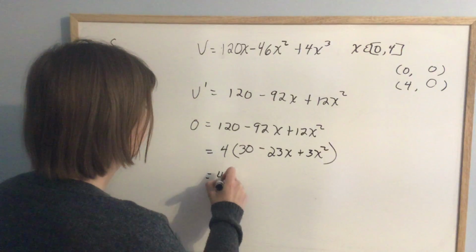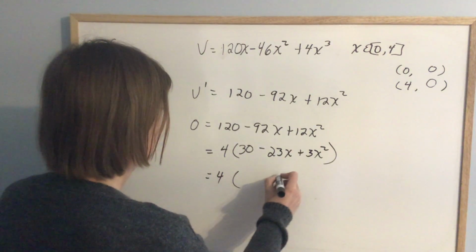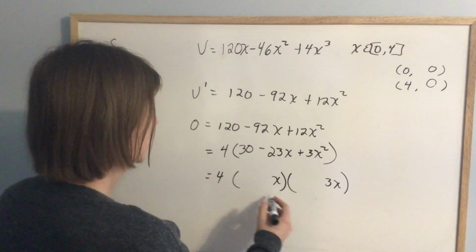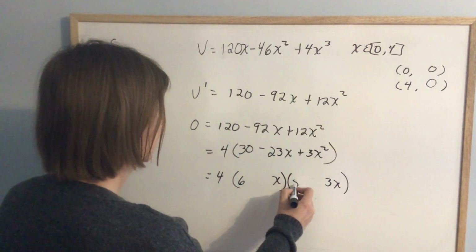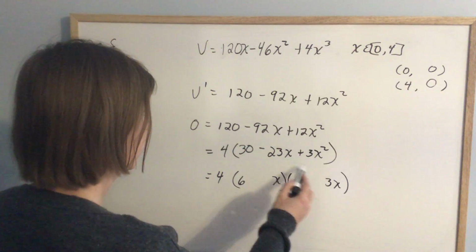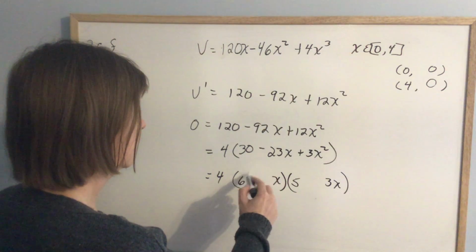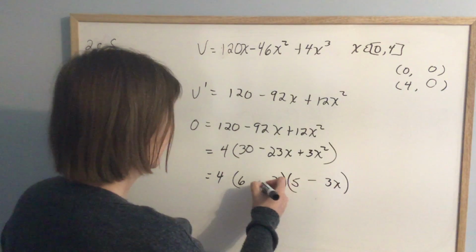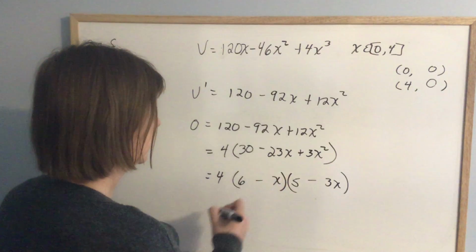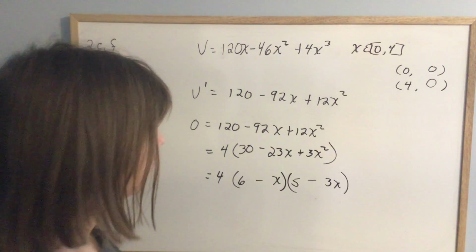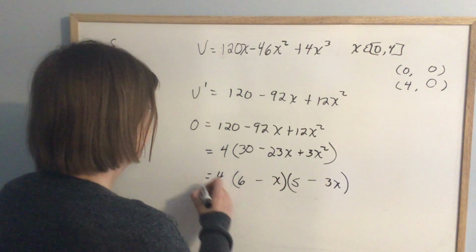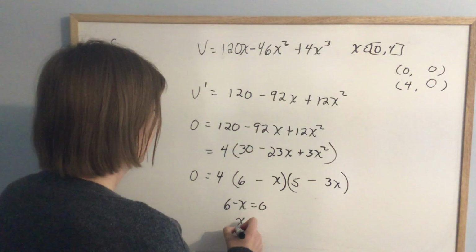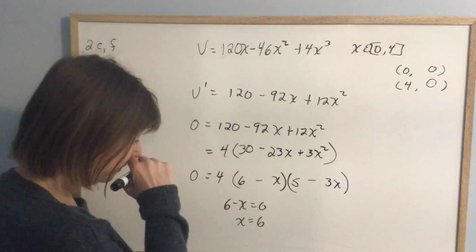So let's see, if I do 3x and x, and I do, let's say, 6 and 5, that would be 18 and 5, which would be 23. Hey, that works. And so that would be minus, and that would be minus. That would work. And so either 6 minus x would equal 0, or x would equal 6.